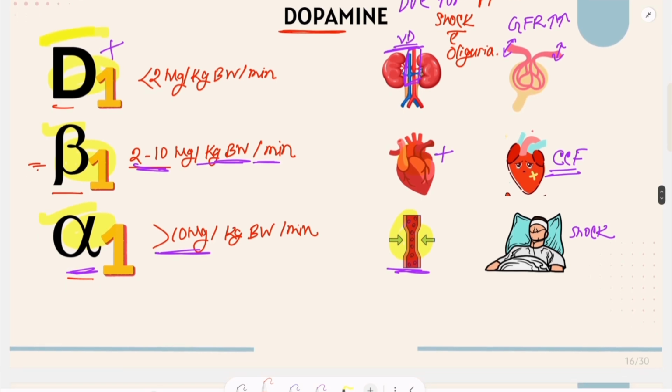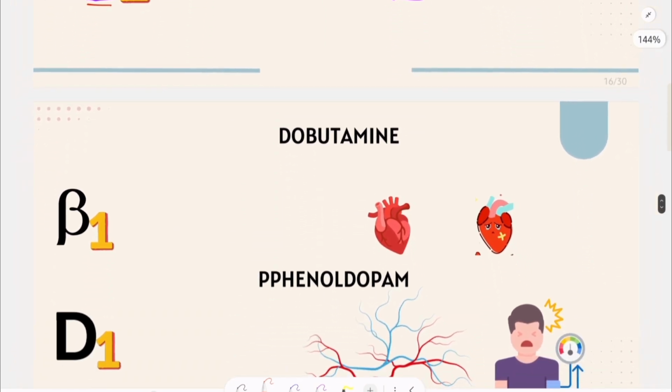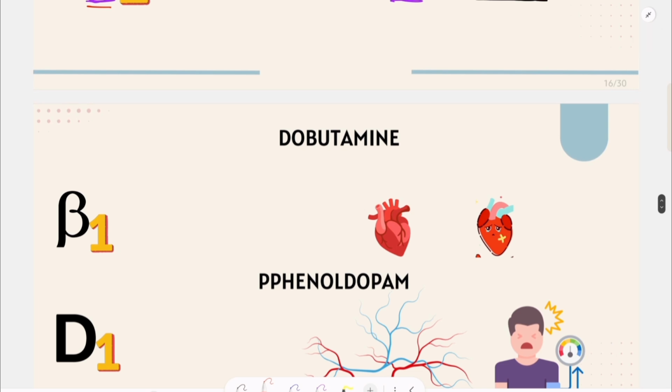Now, why are we talking like that? The second drug we are going to discuss has a very similar name to dopa, and the name is dobutamine. But if you see carefully, dobutamine does not contain dopa. So, dobutamine does not act on D1 receptor.